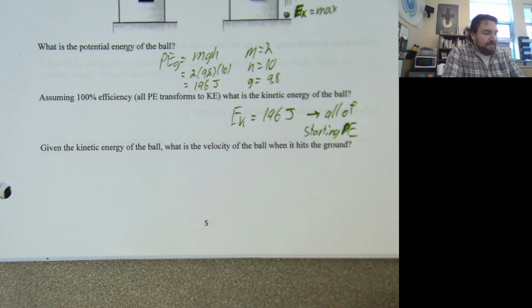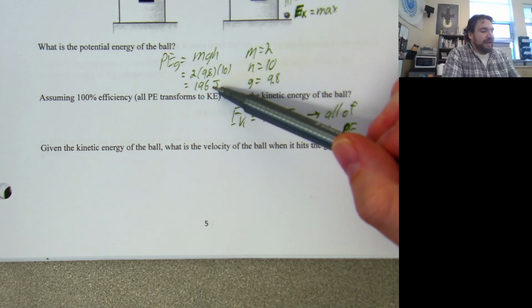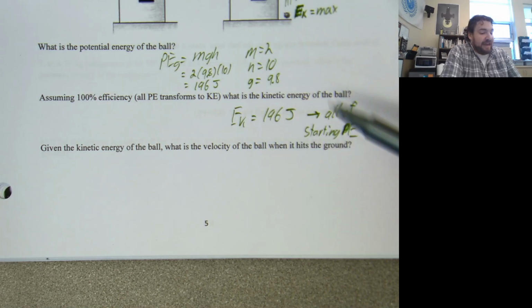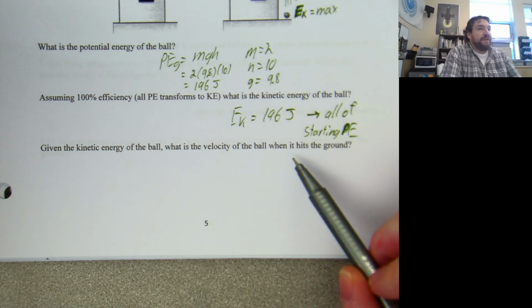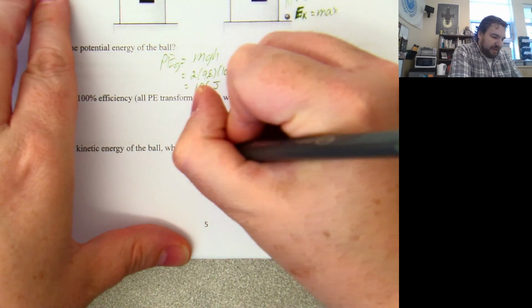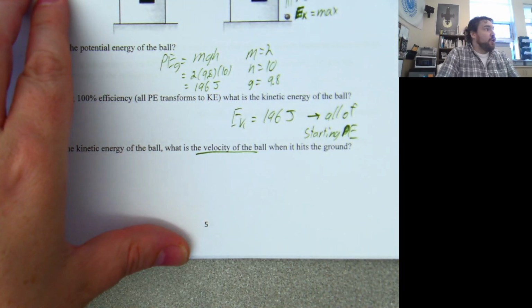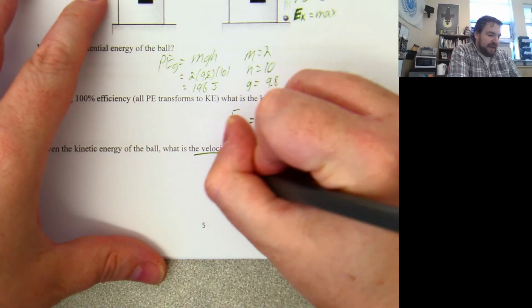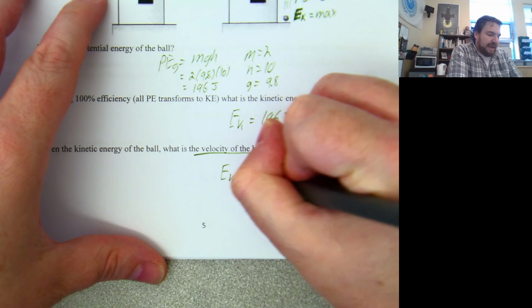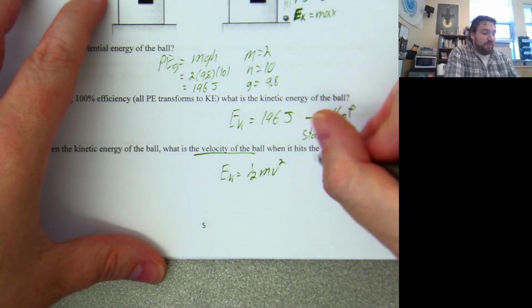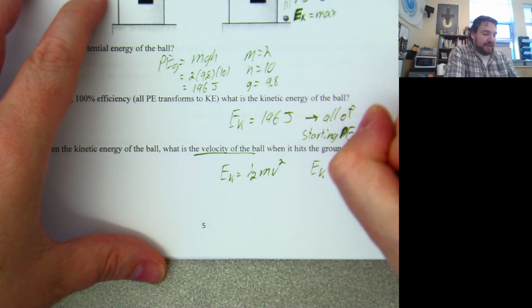So we found the potential energy. We recognize that all the potential energy is going to get converted to kinetic. So then, how fast must the ball be moving on impact? Well, if we're looking for the velocity, the formula we're going to use is the formula for kinetic energy. EK is going to equal 1/2 mv squared. We know that EK is going to be 196.